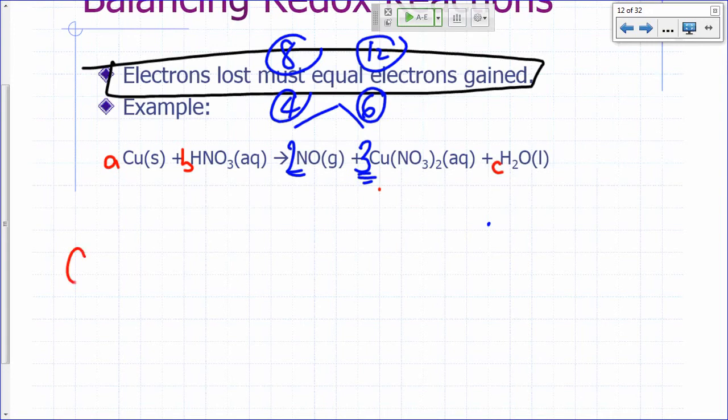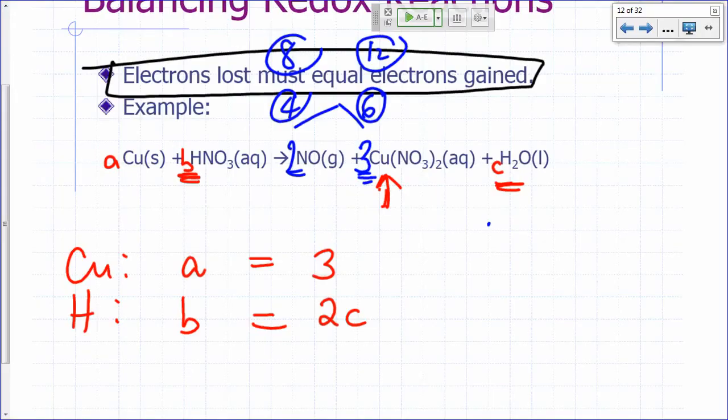If I were to balance copper, how many coppers do I have on the left? A times 1, right? How many coppers do I have on the right? 3. This is the only place I find copper. 3 times 1. If I were to balance H, how many H's do I have on the left? B times 1. How many H's do I have on the right? 2C, right?